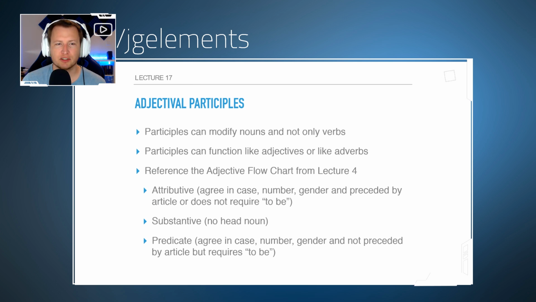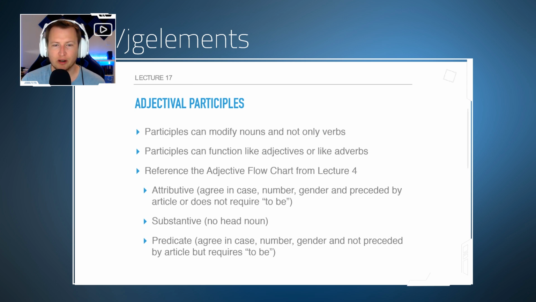So there's no difference between adverbial participles and adjectival participles in how you form them. They're identical. All that changes is, is it modifying a noun or is it modifying a verb? If it modifies a verb, now you're dealing with adverbial. If it's modifying a noun, now you're dealing with adjectival. That's the only difference. So everything you've learned up until now applies to adjectival.